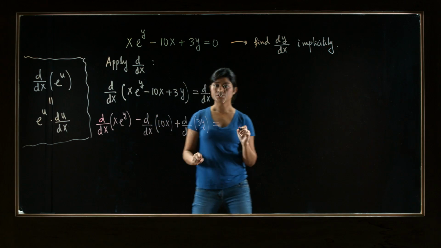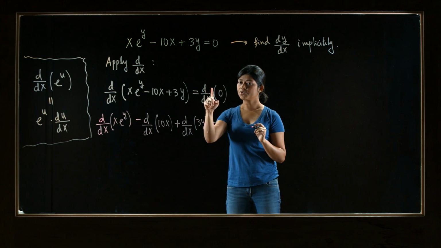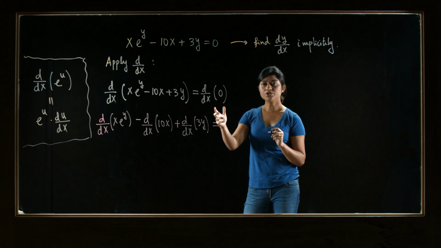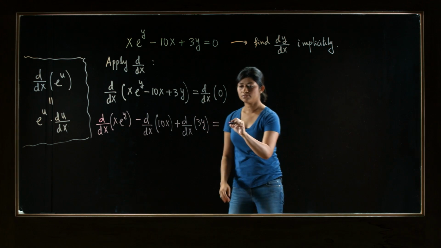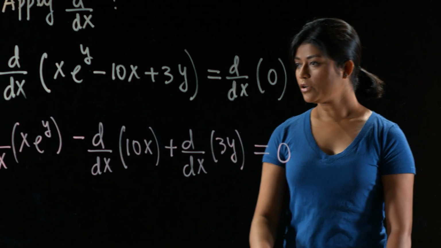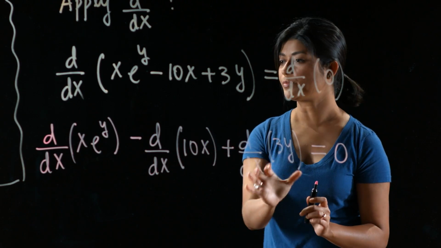And that is equal to, now the right-hand side, let's compute this derivative right away. It's the derivative of 0, and 0 is a constant, and you know that the derivative of a constant is just 0. So now let's figure out the derivative of each of these expressions separately.